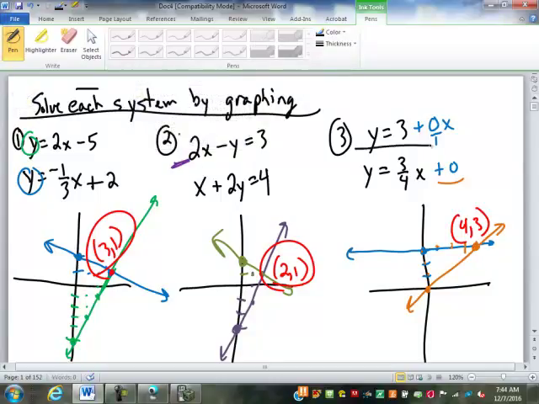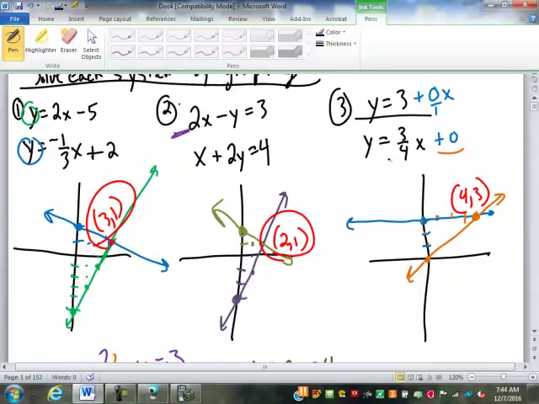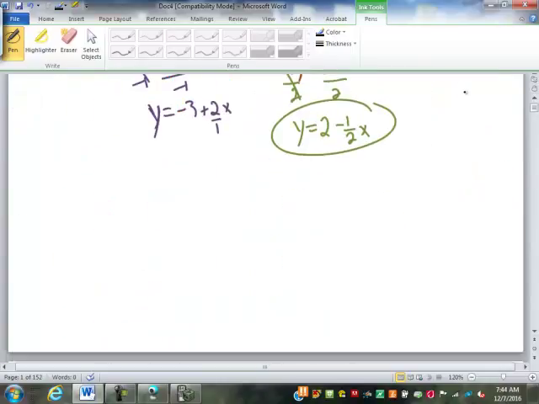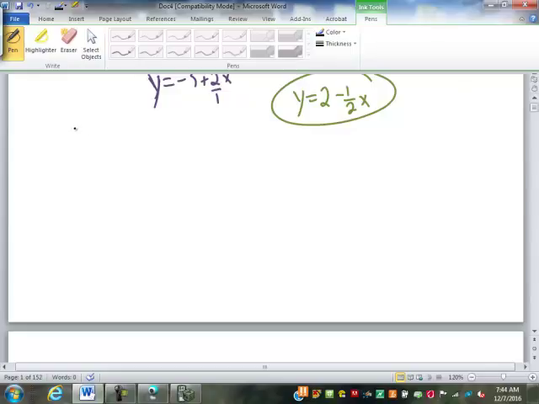Now I have this y equals 3 here, or y equals a number. And it's pretty easy to make sense of that as being a flat line by adding that plus 0x. But what if I threw out a system of equations like this?